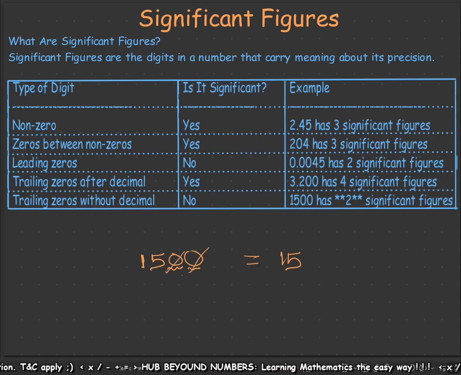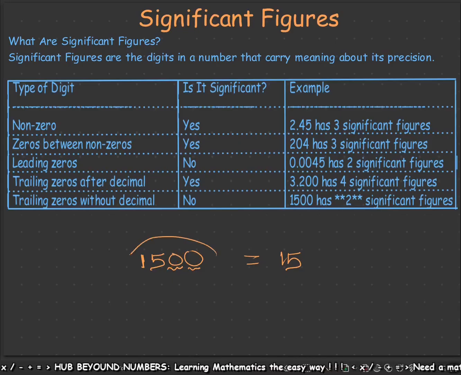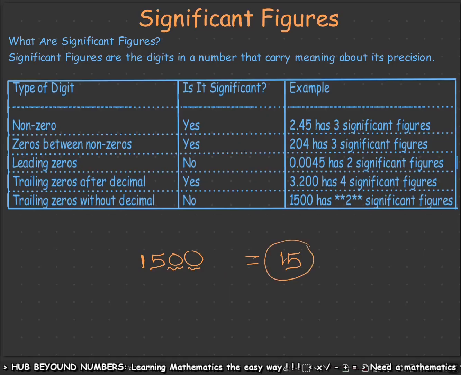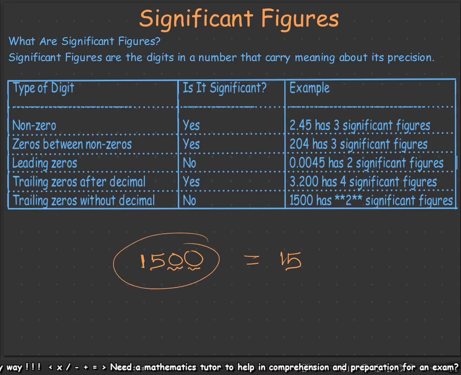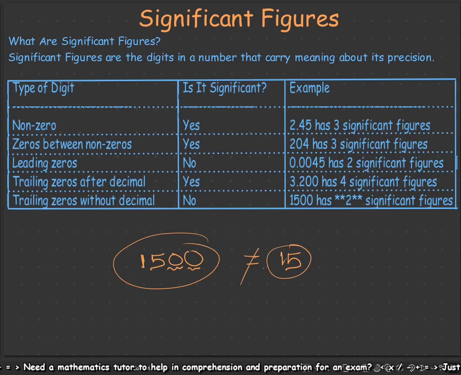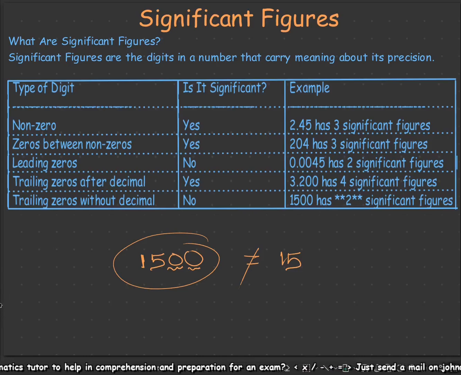So these zeros here, though they are not significant, if you omit them, you are going to change the overall value of the number. Hence, we do not omit these zeros, even though we are saying they are not significant figures. I hope that makes sense. So this here has 2 significant figures. You get it? And then 15 has also gotten 2 significant figures. So that is it on significant figures.